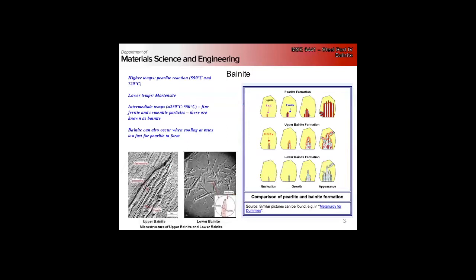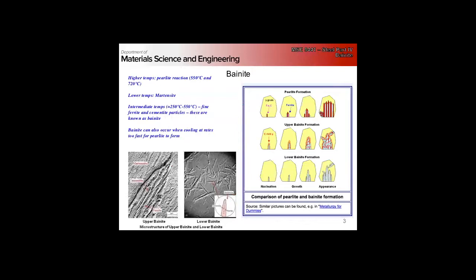Right, so at these intermediate temps, roughly 250 to 550 C, we get these fine ferrite laths separated by carbides, and there's two structures.